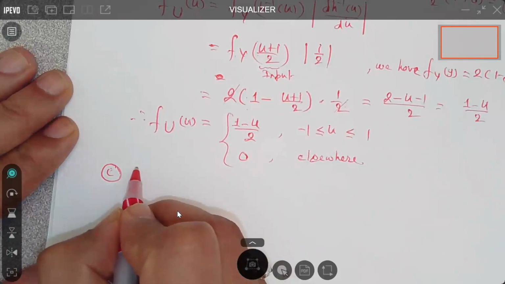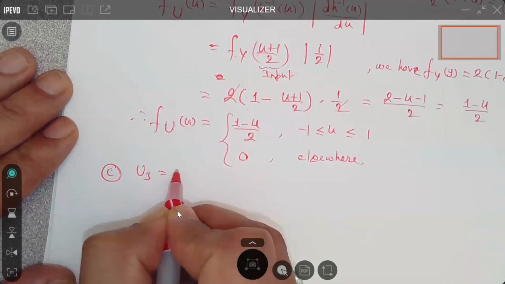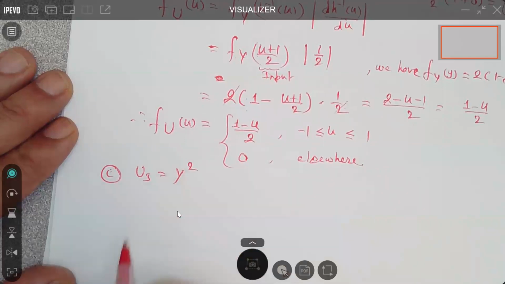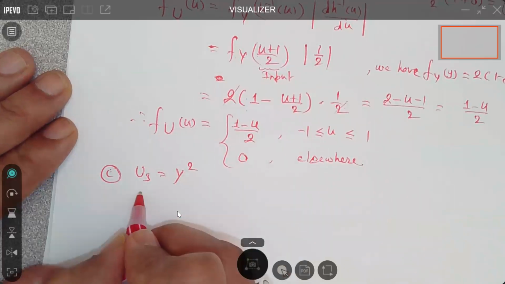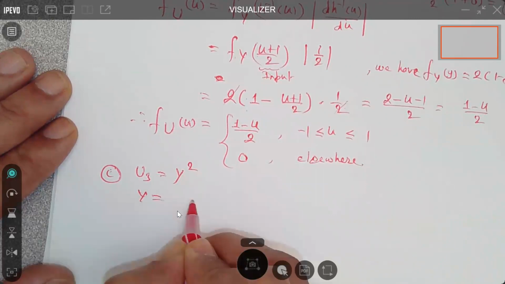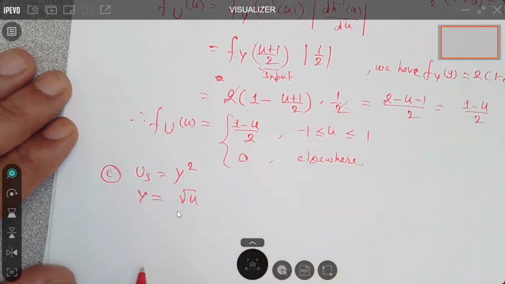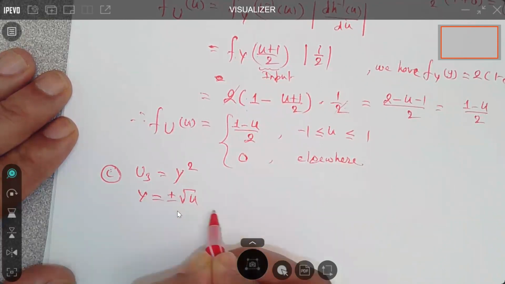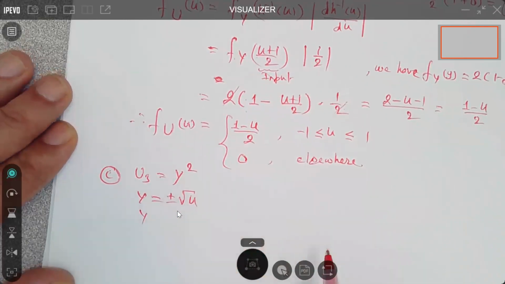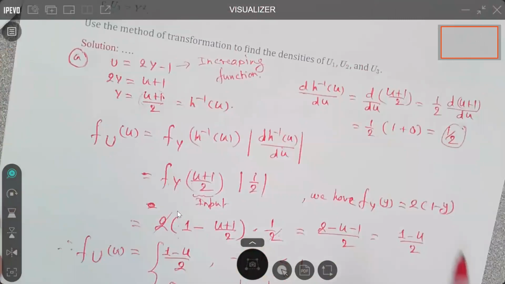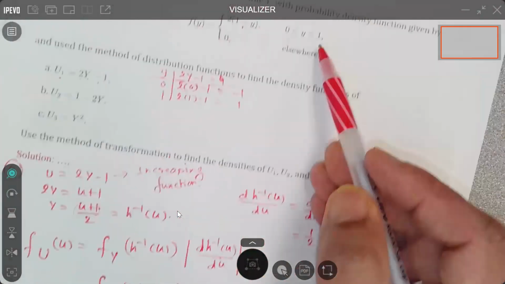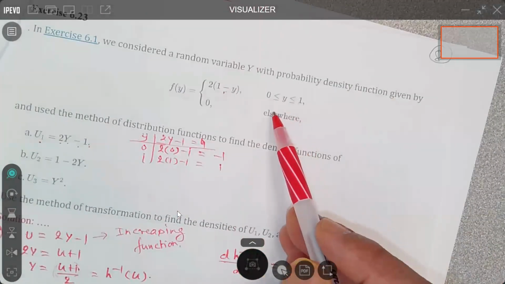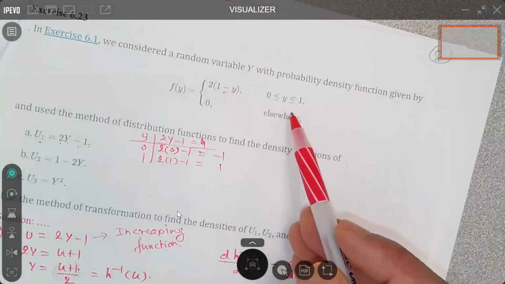Now you have u equals y square, right? Now y equals root u. It could be positive and negative, but we have y only positive, right? Y takes only the positive value.